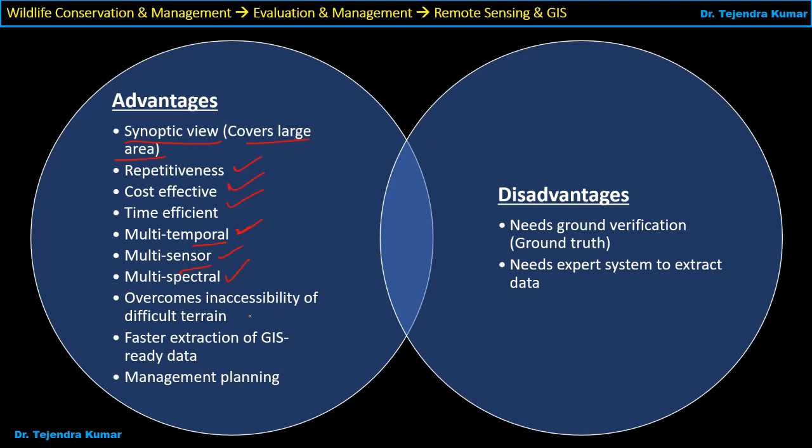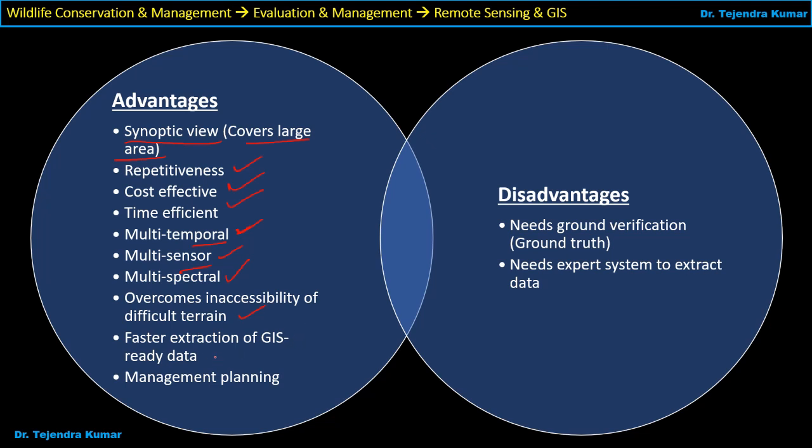Overcomes inaccessibility of difficult terrain. Likewise, if very difficult terrain is there and it is not possible for us to go there and do the physical verification or physical mapping, in this case satellite techniques can be used, which is very helpful.